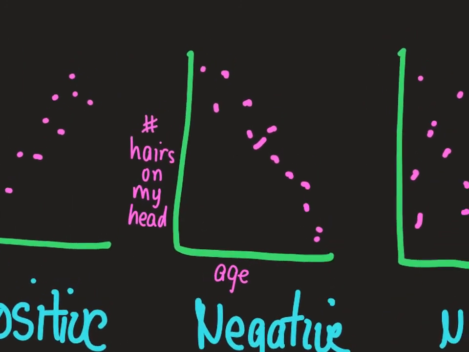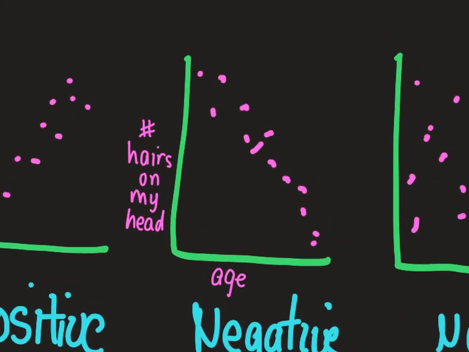So I say that because that would be an example of a negative trend. As a person's age gets bigger, older, when they were little, they started off with a lot of hair, and then as they got older, they started losing their hair. So as one thing gets bigger, another thing gets smaller. As age increases, the number of hairs on your head decreases.